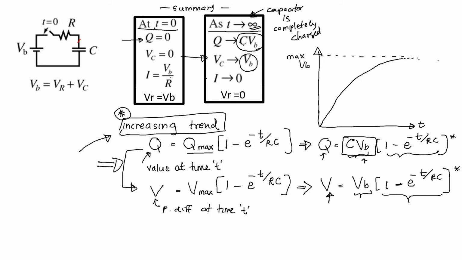Okay, so we know what to do with increasing trends. The next part is, what about a decreasing trend? We can see the current through the circuit started from the maximum and then decreased. So when we have a decreasing trend, I will use a different color.